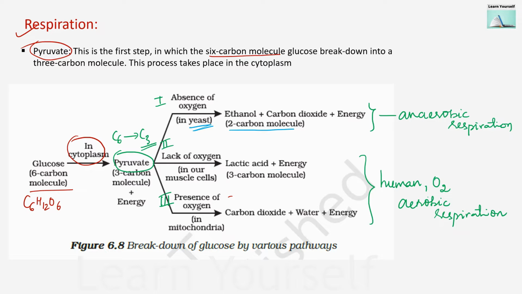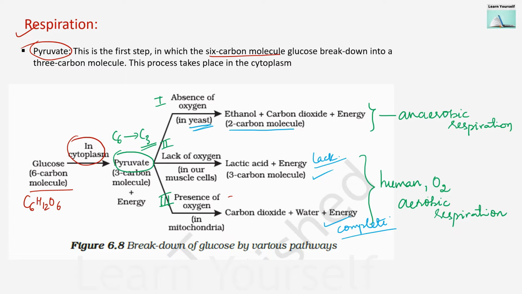Now 2 types of process happen in humans in presence of oxygen. In that, one happens with lack of oxygen, where incomplete combustion of the glucose molecule will be there. Whereas here the complete combustion of glucose will be there, and it will give us more energy compared to this lactic acid one.